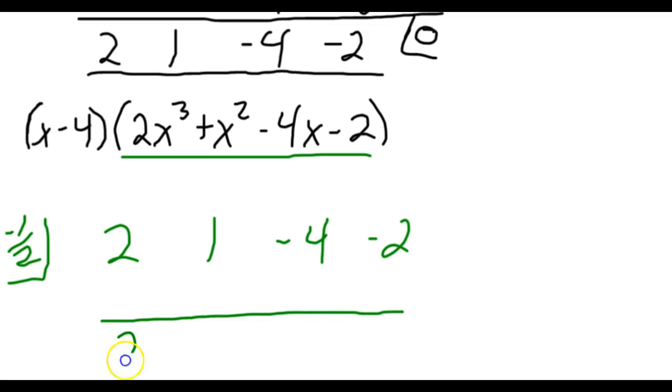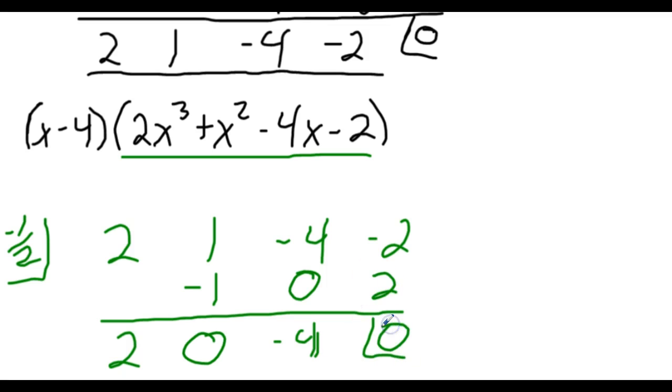So if we bring down this 2, 2 times negative 1/2 is negative 1. 1 plus negative 1 is 0. Negative 4 plus 0 is negative 4. Negative 1/2 times negative 4 is a positive 2. And we get a remainder of 0.